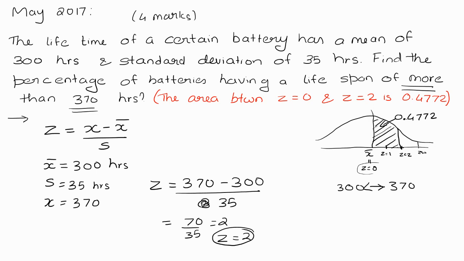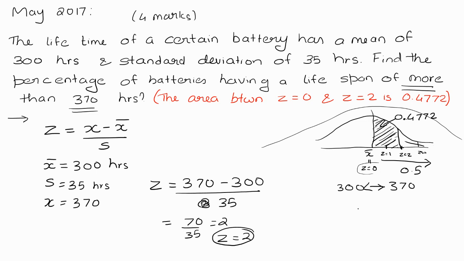So now what I will do is, I know that the total area on the right hand side of this x bar is 0.5. Yes, because the total area under this entire curve is 1, and I had explained this. On the right hand side of this mean it is 0.5, and on the left hand side it is 0.5. So now, for finding this area, I will subtract the given area.